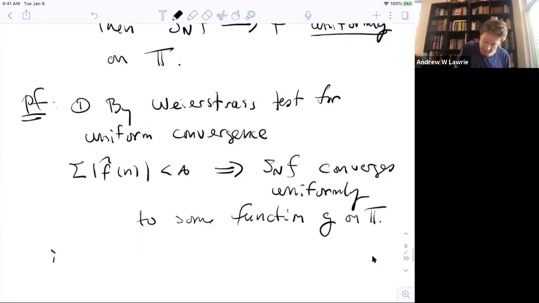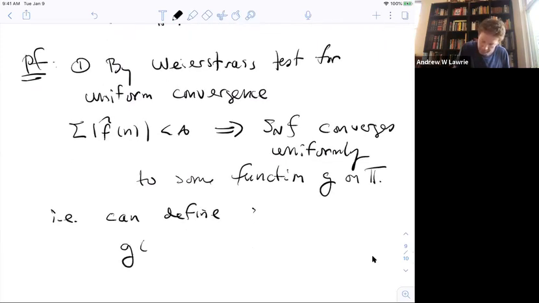So we can make sense of this limit, right? So I can define this function g as the sum from n equals minus infinity to infinity of f hat of n e to the i n theta.